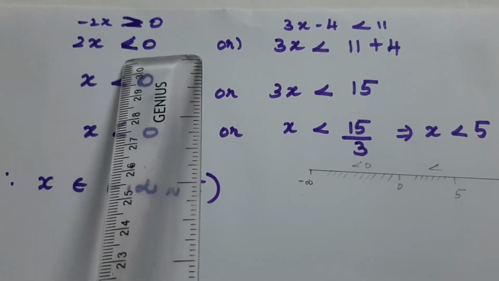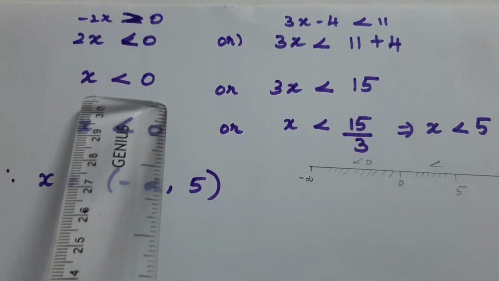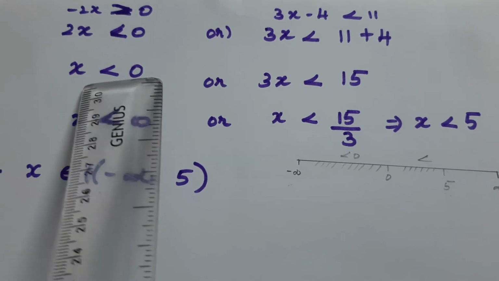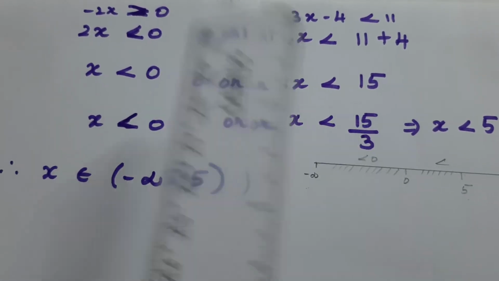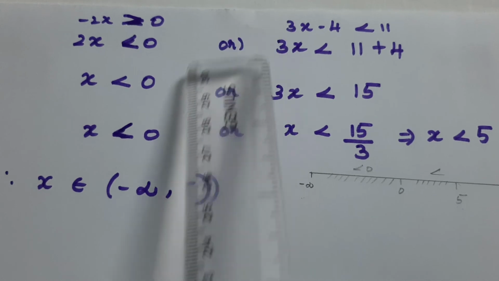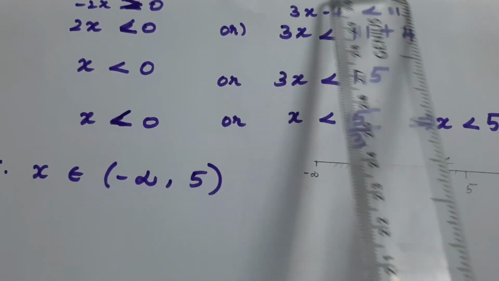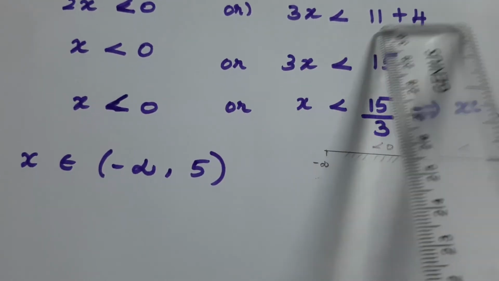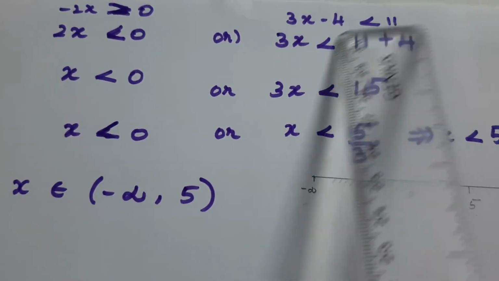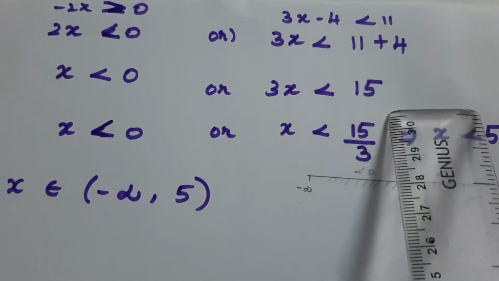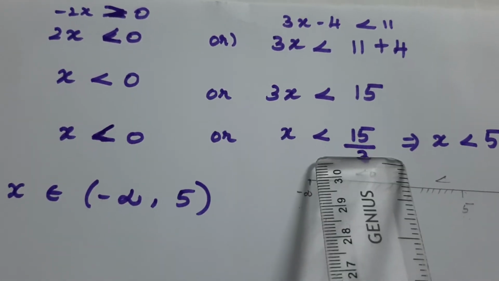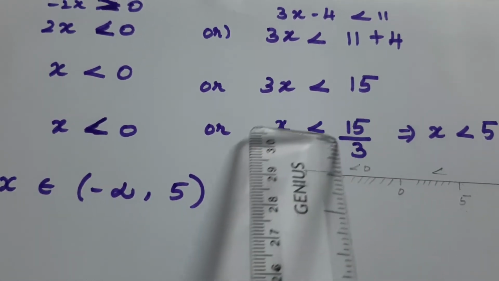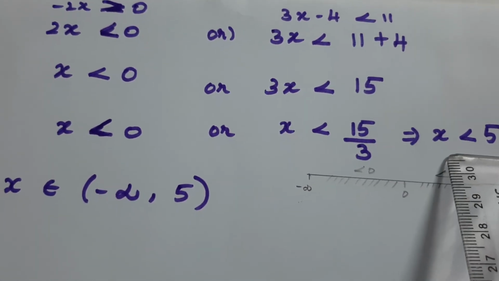That is 2x is less than 0. When you bring 2 to the other side, 0 divided by 2 gives you the 0. So, x is less than 0 you will get. And another inequality, change it. So, minus 4 you bring to the other side, it becomes plus 4. 3x is less than 11 plus 4. That is 11 plus 4 is 15. 3x is less than 15. Bring the 3 to the other side, that gives you x is less than 15 by 3. While you are cancelling, you will get x is less than 5.